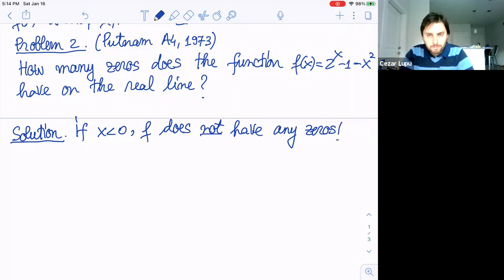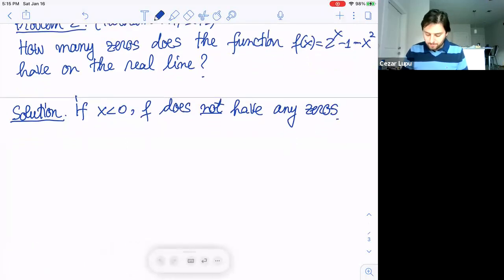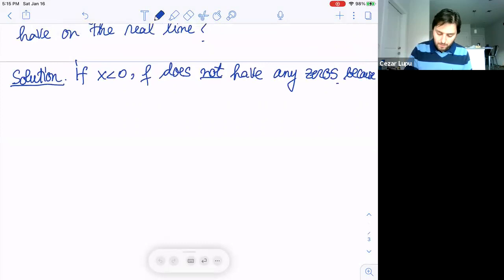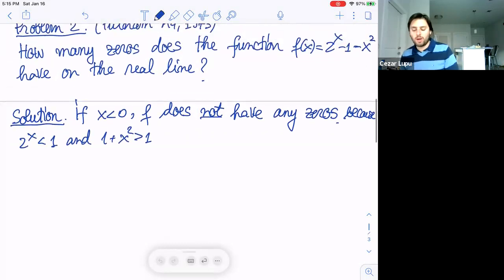Let me give you an argument. For example, 2 to the x will be less than 1, and 1 plus x squared over 2 will be greater than 1. So there is no way this guy will be 0, right? So, all right, that's great.